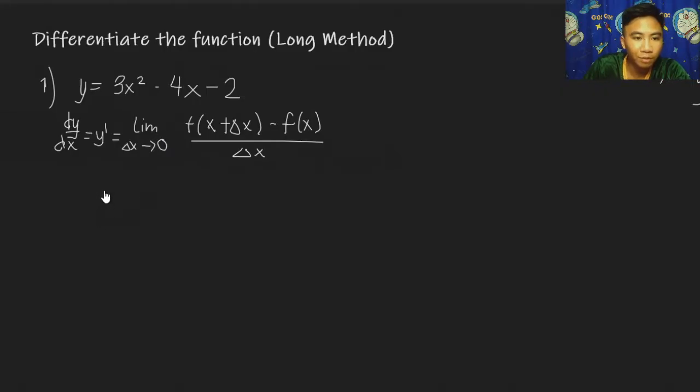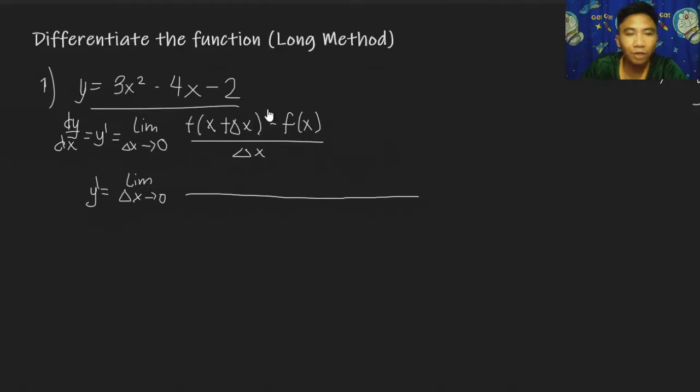So simply by substitution, y prime, so just copy this limit, delta x approaches to 0. So maganda ito solve sa yellow pad kasi mahaba yung yellow pad. At kung minsan mahaba talaga yung solution, pero kakayanin natin yan. So ito yung function na given.